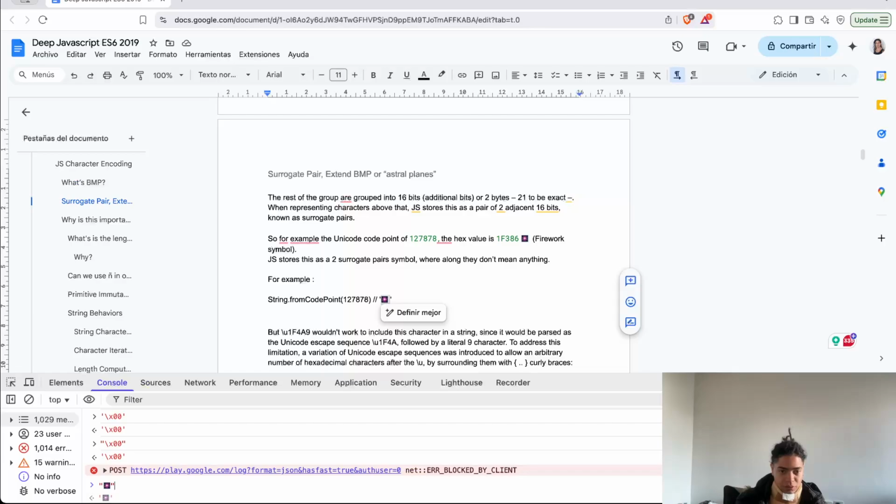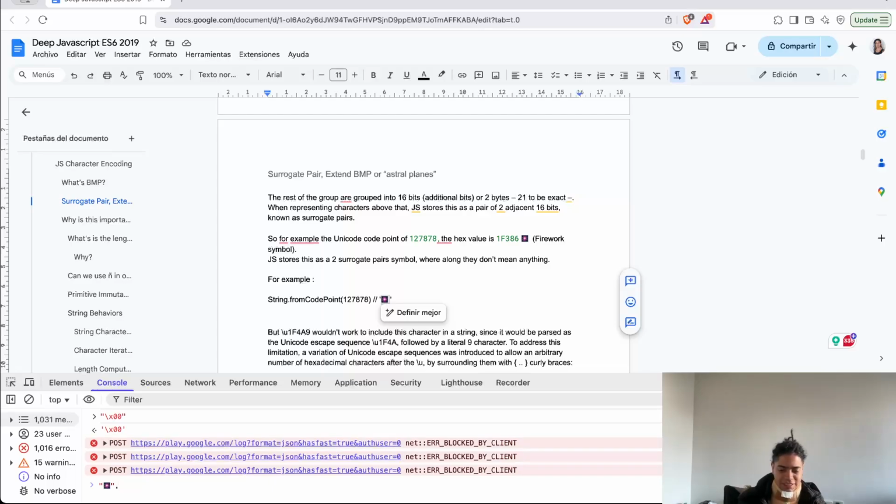How do I know that? Because the stream method allows you to have access to, so from code point, I mean codePointAt, right?